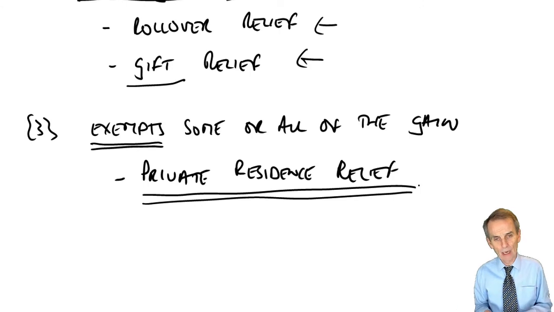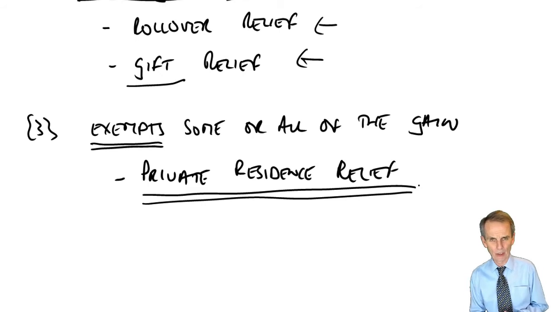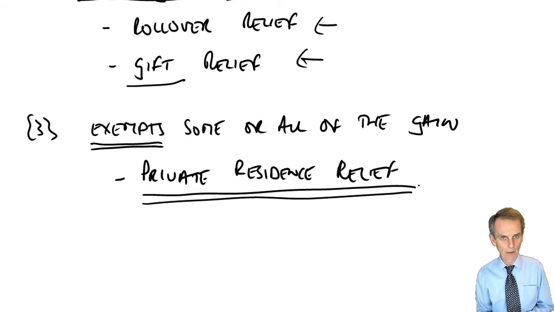But if this issue gets tested in an exam question that you've got to deal with, what you'll discover is that not all of the period of ownership of that private residence will qualify for relief. There will be reasons why certain periods, usually of course periods of absence from the property, will not qualify for private residence relief.